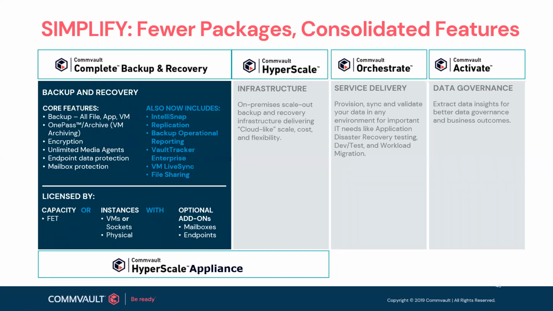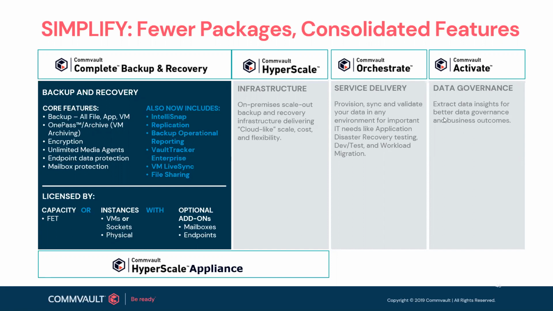Now, other than this, right, we also have hyperscale. This is our appliance. Okay, we also have orchestrate and activate. So orchestrate is more for database replication, application-based replication. Activate is more for data governance.